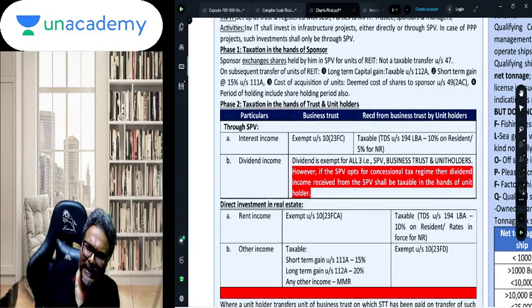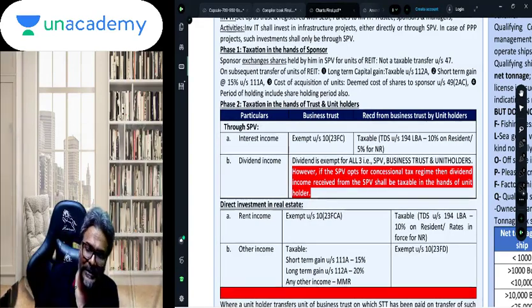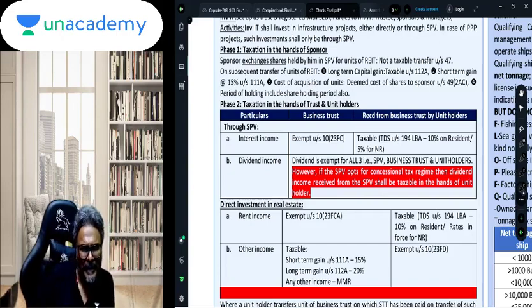And the next, where the income is received by the business trust directly, through direct investment, such as the lease charges, this would be classified under PGBP. And thereafter, students, the next point is the other income.